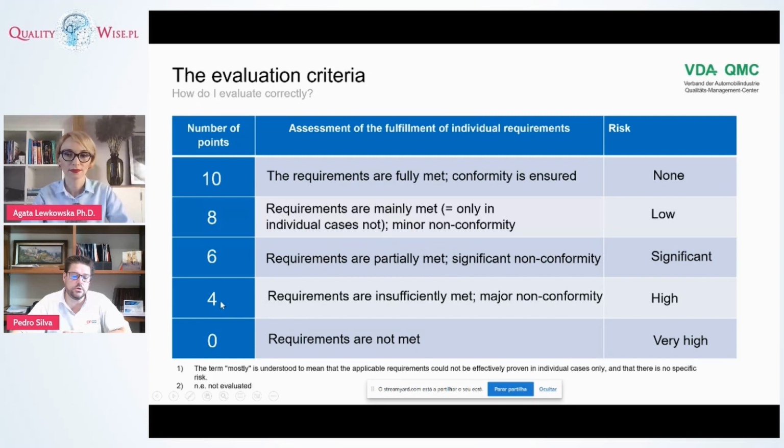When we talk about a 4 or a 0, the product is no longer functional. So it can be a visual defect in a non-appearance part for an 8, or something difficult to assemble for a 6. But if it is something that will not work, that has lost function, then it should be a 4 or a 0. That's a rule of thumb, an indication to support the classification.